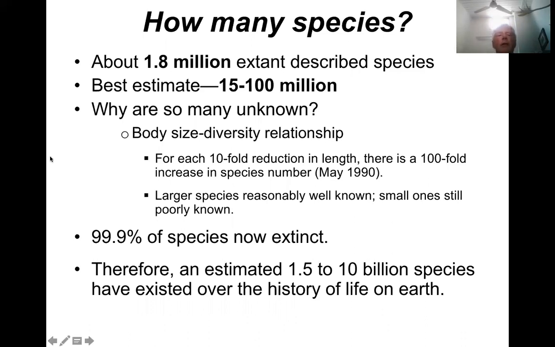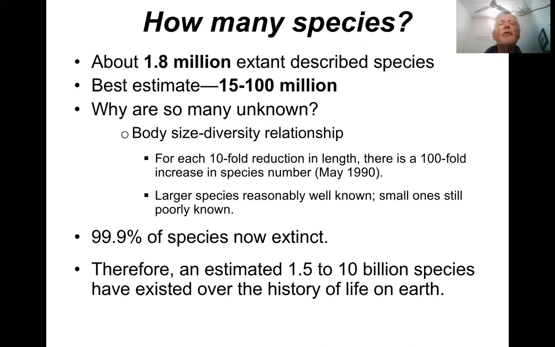And so one analysis of this, just to put it into perspective, which was done by Robert May about 30 years ago, was that for every tenfold reduction in the length of a species, there is about a 100-fold increase in the number of species. So the larger ones are really well known. We know most of those. Every once in a while, somebody will find a new bird or a mammal or a fish or something somewhere. Most of those are known. The small ones are poorly known.